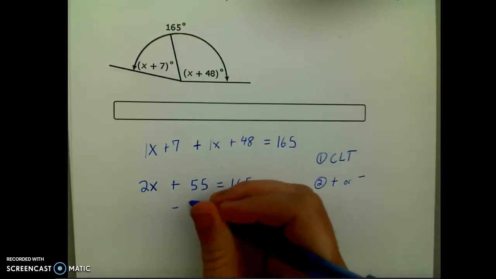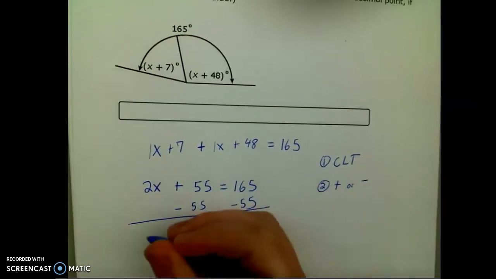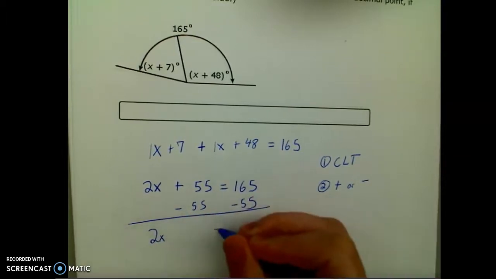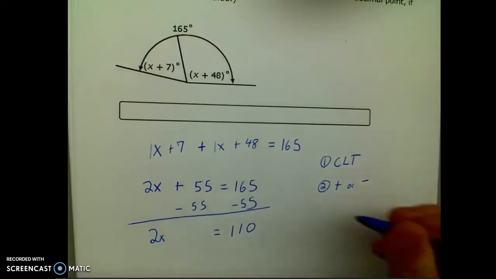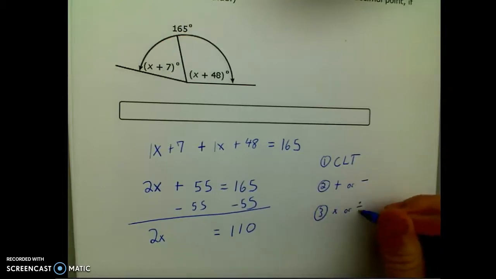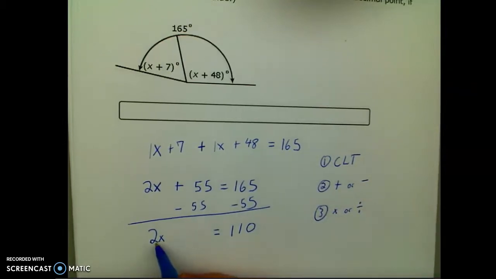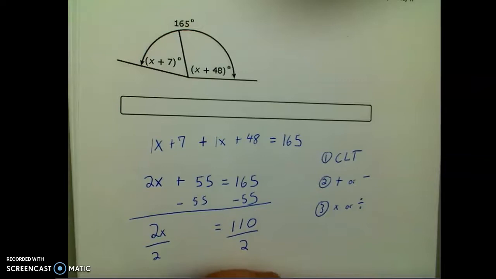Let's minus the 55 on both sides. I get 2x is equal to 110. And I'm ready for my last step, which is to multiply or divide. In this case, multiplication is already happening, so I would divide by 2 on both sides and get 110 divided by 2 is 55. Okay, so the value of x is 55.